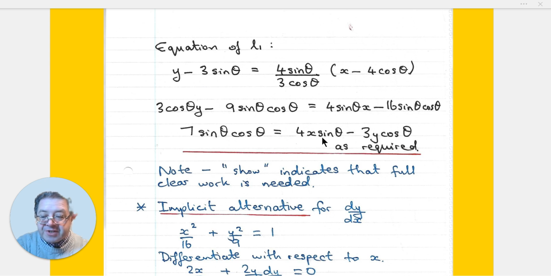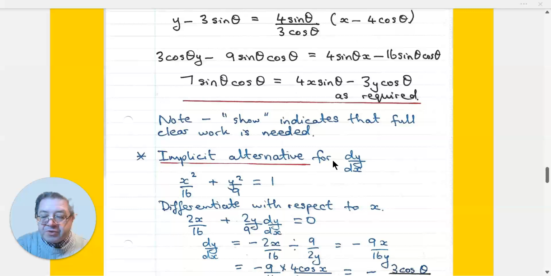Collect the 4x sine theta take 3y cos theta to one side, and the 7 sine theta cos theta to the other side, and we've got the formula as required for line L1. Just another reminder, the word show means that full clear work is needed.